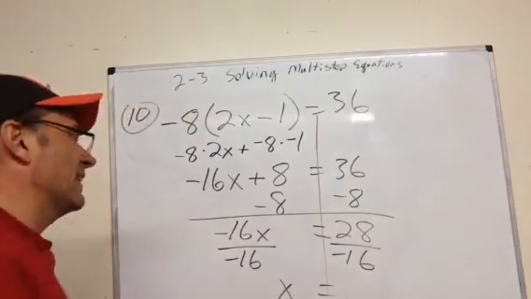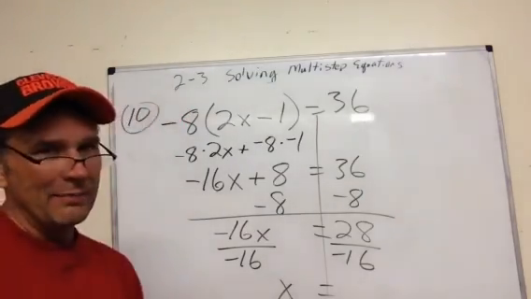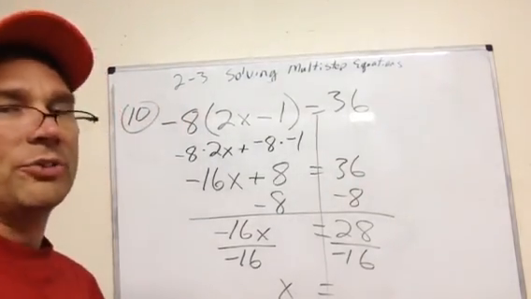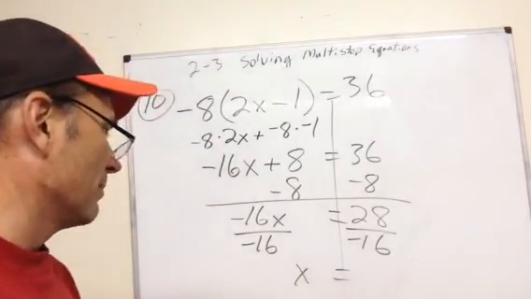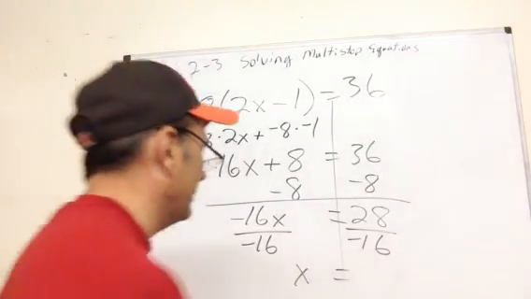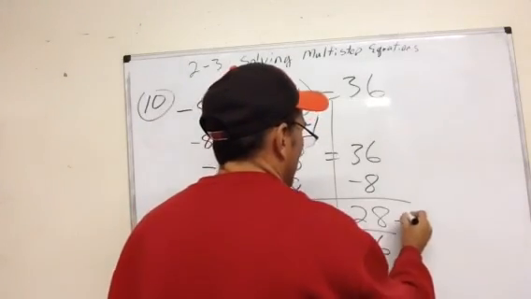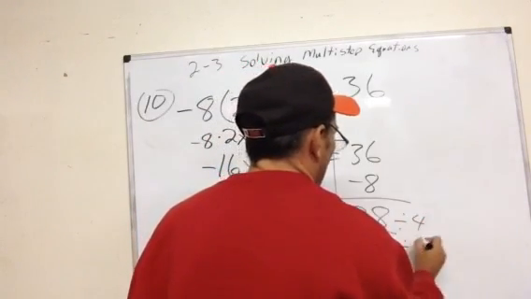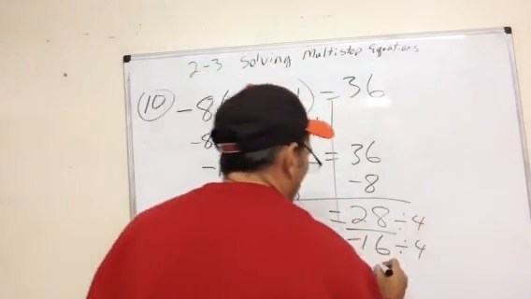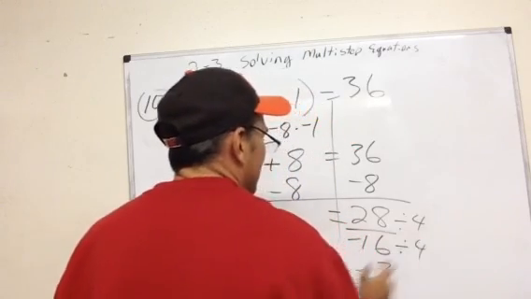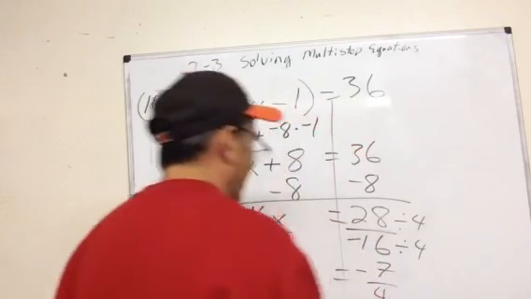And I know 28 divided by negative 16 is not going to give me an integer, so I want to reduce this. What number goes into both 28 and 16? I know I can divide both of these by 4. 28 divided by 4 is negative 7. 16 divided by 4 is 4.